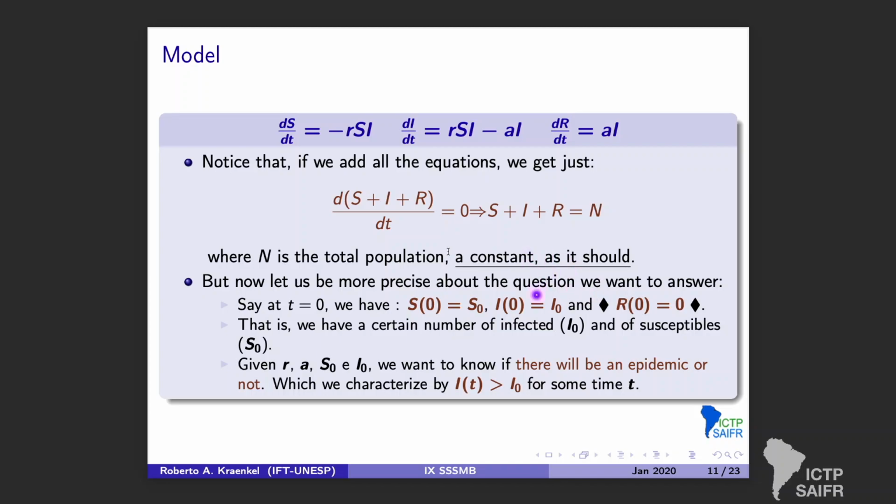We will now pose the following question. Say at time 0, you have a certain number of people that are susceptible, and you introduce a certain number of infected people, and you have nobody immune.